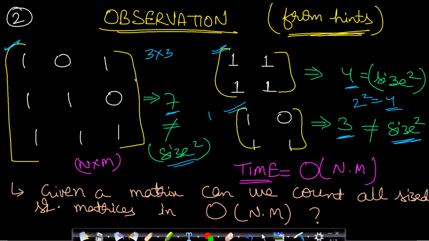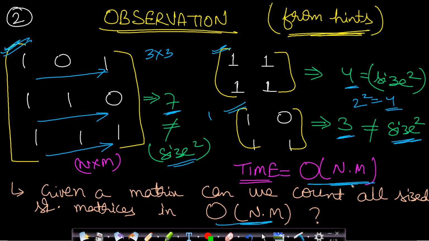Therefore if you are given a matrix, let us say this one, then the total time complexity in order to say whether this matrix will get included in the count or not will be equal to order of nm, because we are actually traversing each and every cell and adding the elements in order to find the sum. Now given a matrix, can we count all sized square matrices in order of n into m, that is in the same time?